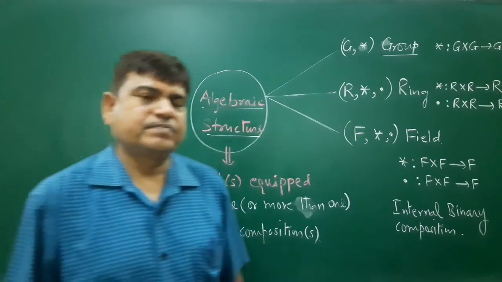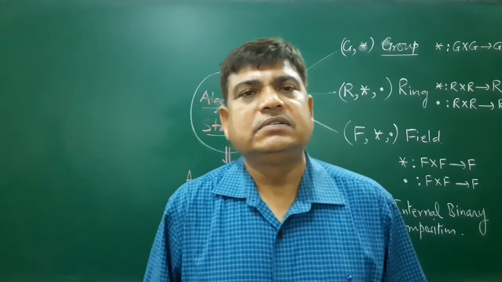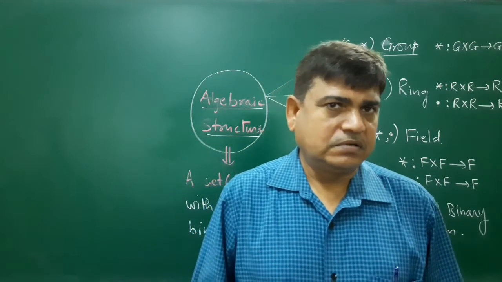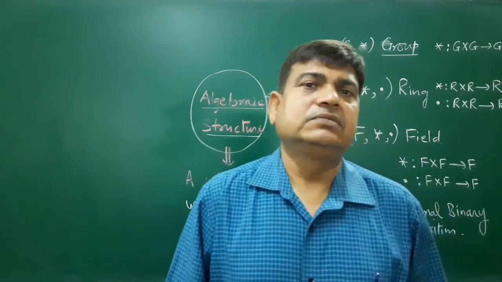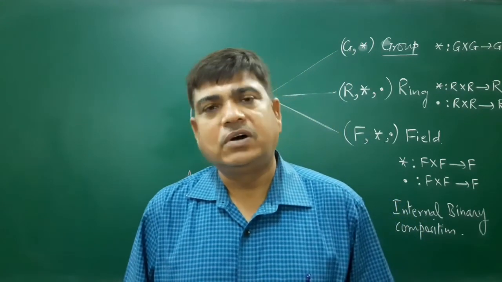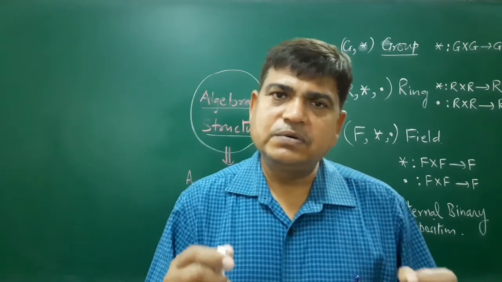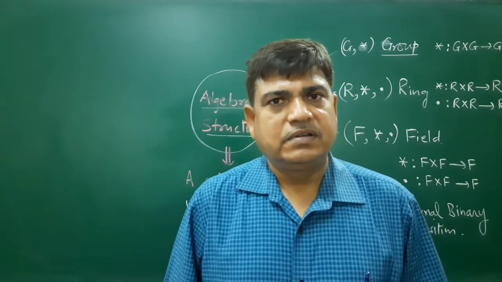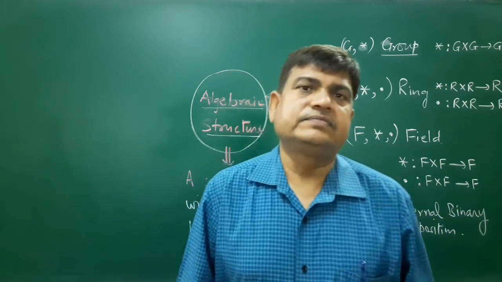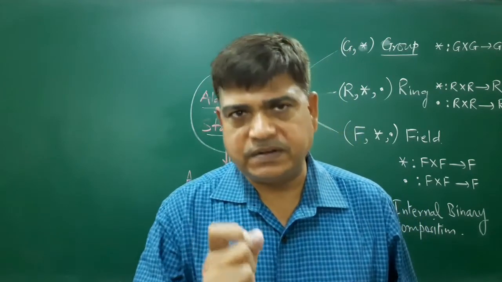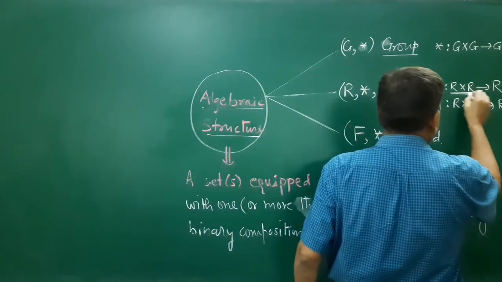Whenever we add two numbers, or perform the composition as addition or multiplication or division, we require two numbers, and these two numbers are taken together in the form of a pair. That pair is known as an ordered pair, and this you find here.